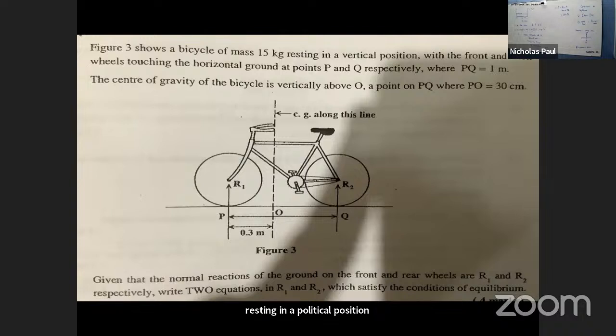What does that mean? If the front and back wheel are touching the ground, what does that mean? Two contact forces. That's all I'm looking for, right?